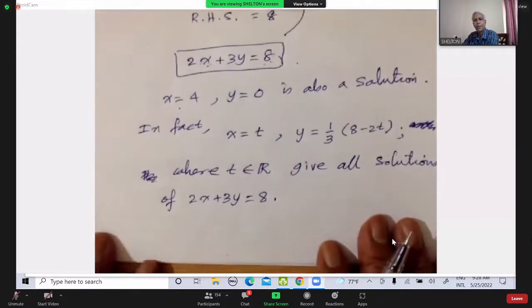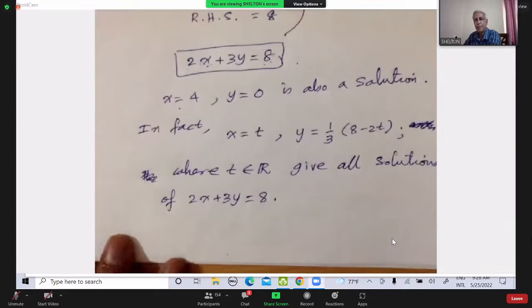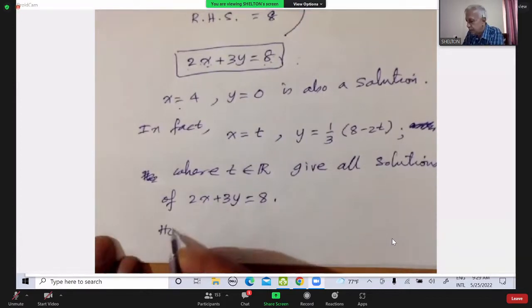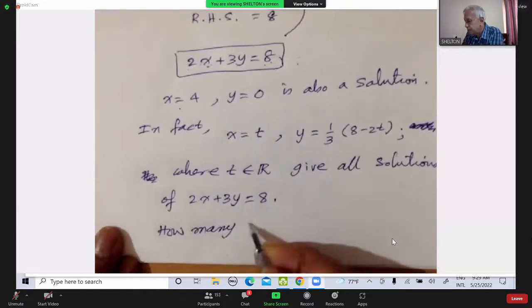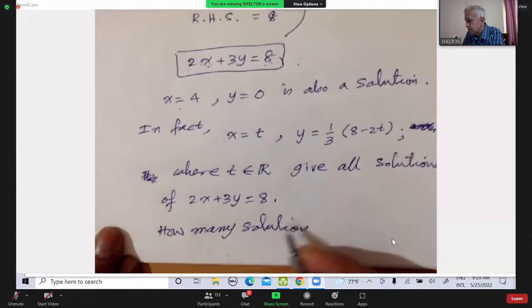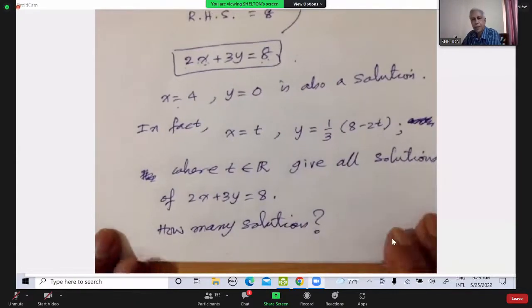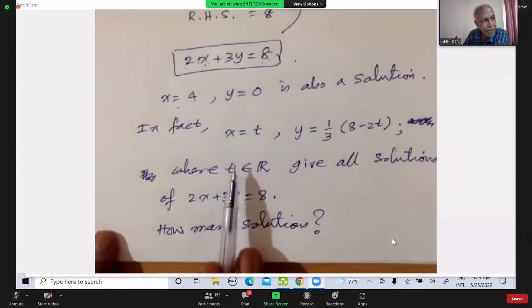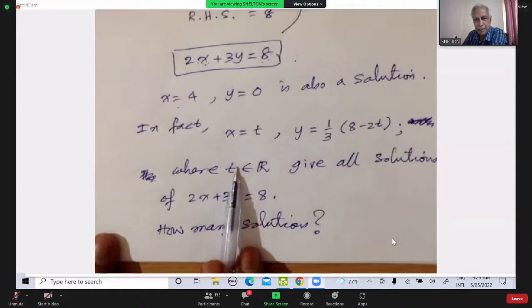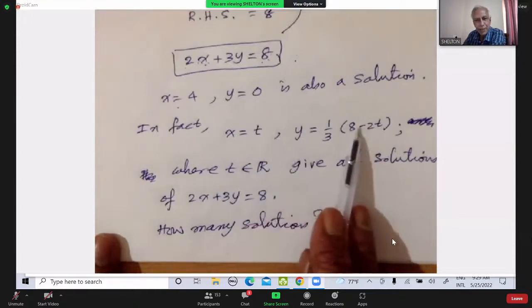How many solutions are there for this equation? So you can take any value for t. Very complicated value. Do you understand it?